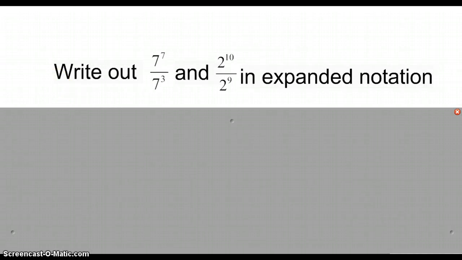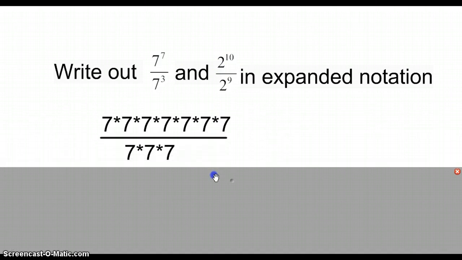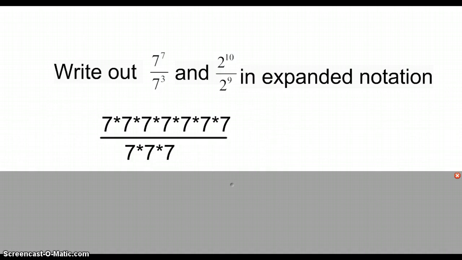Now we're going to look at dividing. So just like before, take them and write them out in expanded notation, and then see if you could simplify them. Okay, so 7 to the 7th over 7 to the 3rd can really simplify, right? When we reduce our fractions, these cross out because they're like 1, and we're left with 4 sevenths, or 7 to the 4th.